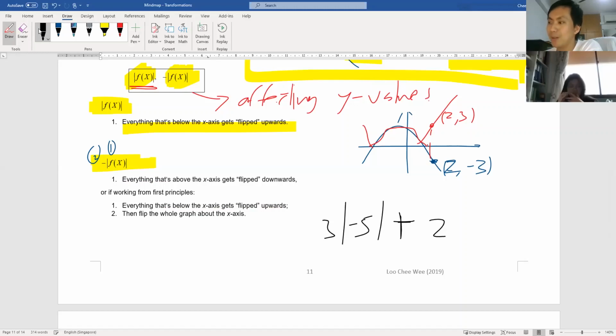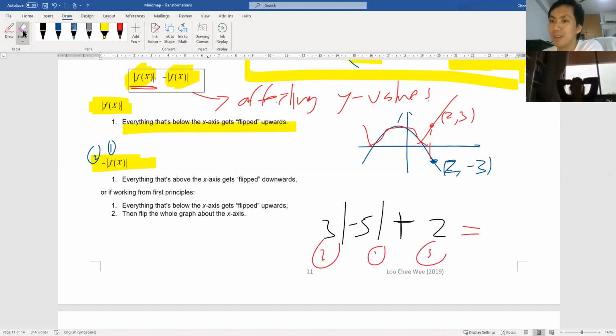If you need to evaluate the final answer, there are 3 operations here: the modulus, times 3, plus 2. Which one do you do in order? The order that you just wrote? Yes, that is the rule of algebra. So modulus is kind of like brackets, when it's applied on the output.